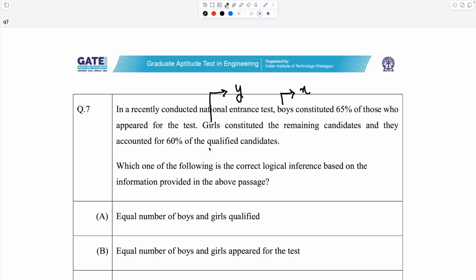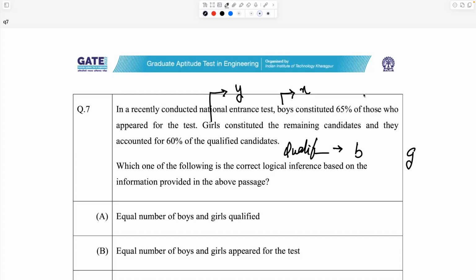So let's say that for the qualified candidates, boys are represented by B and girls by G. These are simple variables that I am taking, and with these variables I will distill out the information. So what have they given us?